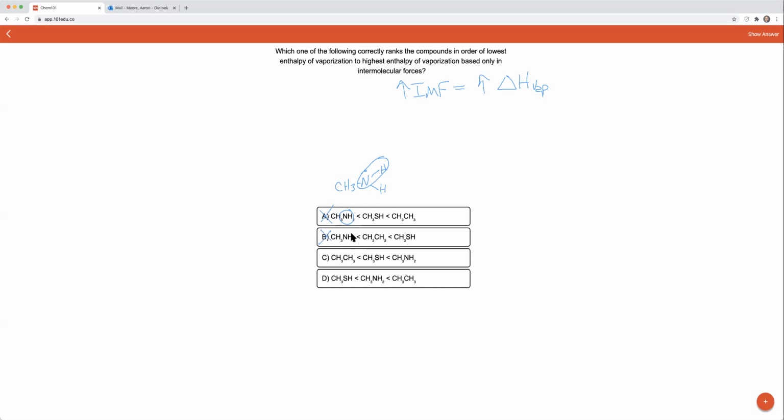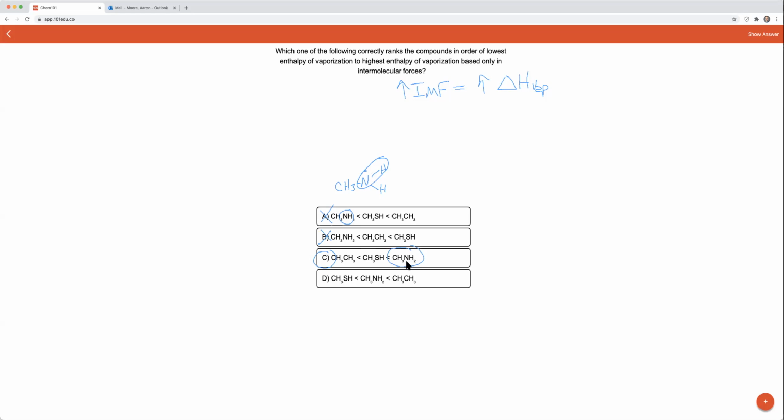Same thing here for the same reason. Because of this hydrogen bonding, it's going to have a lot of intermolecular forces, and therefore it's going to have a high delta H of vaporization. Well, this one looks good. It's a possibility because it puts that molecule, methylamine, which is the name of this, last.